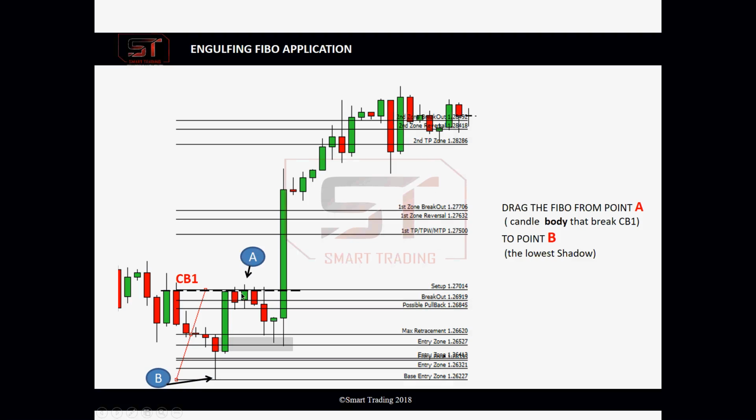So this is CB1, and this particular candle is the candle that managed to break through CB1. We pull the Fibonacci from here to the lowest wick, or the lowest shadow of the particular area. Once we pull that Fibonacci, it will show the projection of the market where it's heading.